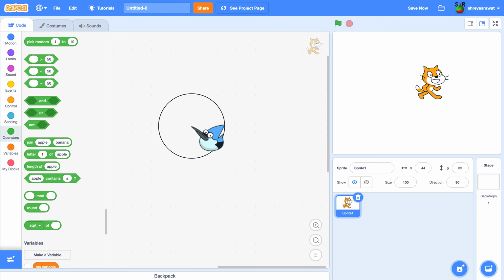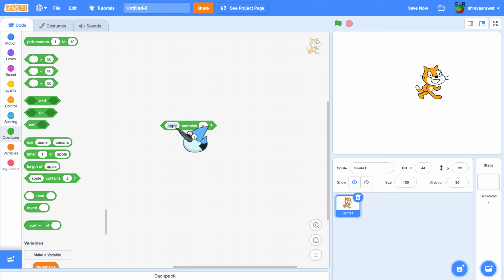Okay, so this next one is a true or false block: blank contains blank. It is basically used to find a letter or a digit in a number or a word.